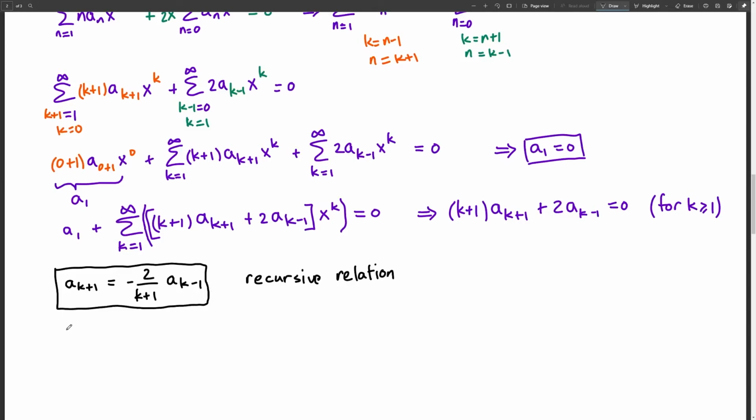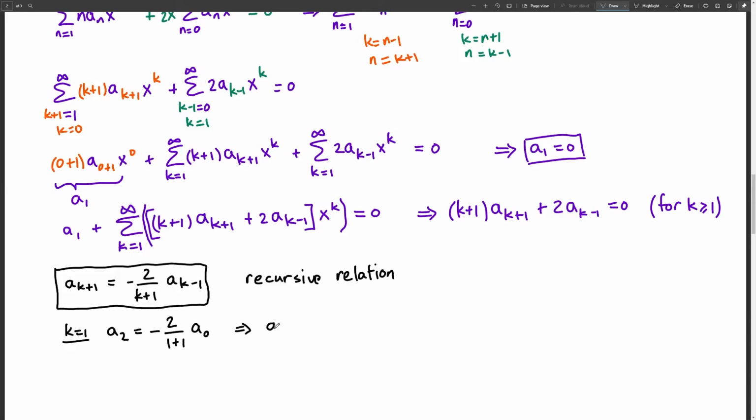So let's take a look at, for instance, what happens when we plug in k equals 1. So when k equals 1, we get a sub 1 plus 1, so that's a2 equals negative 2 over 1 plus 1 times a sub 1 minus 1, so that's a naught.